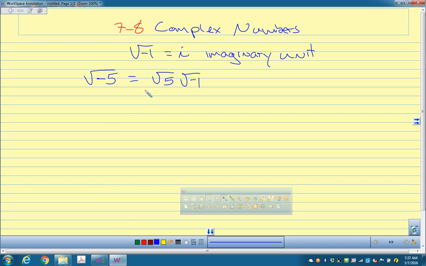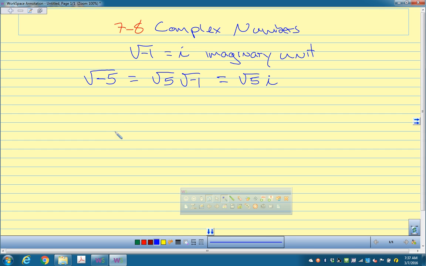Using properties of square roots, if I multiply them together, I get this. What's the square root of -1? i. So I could rewrite this as square root of 5 times i, like that. Okay?